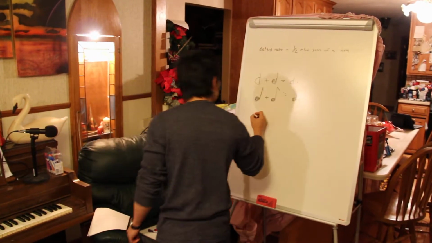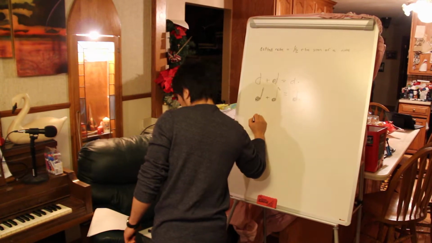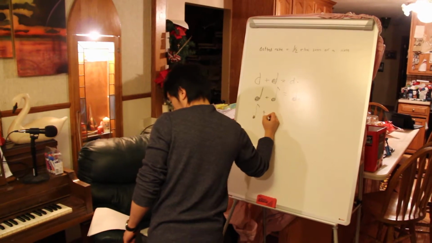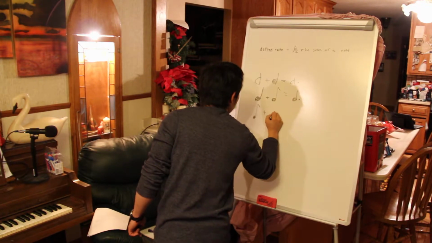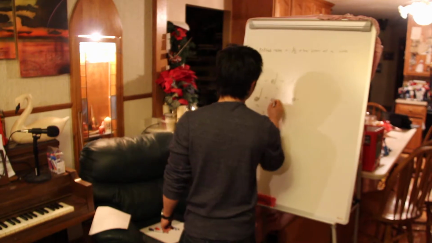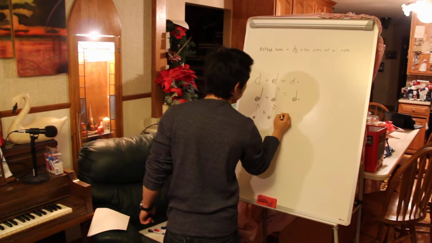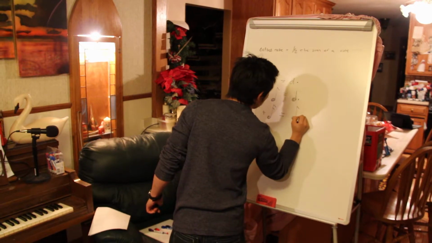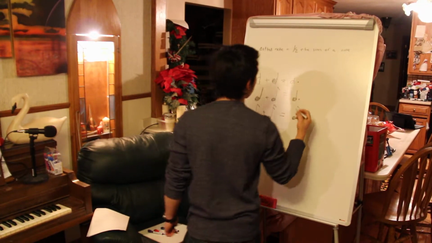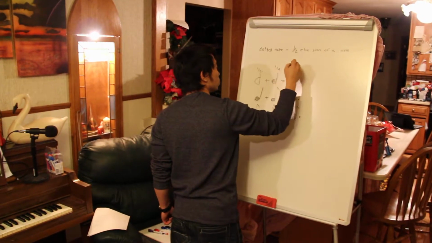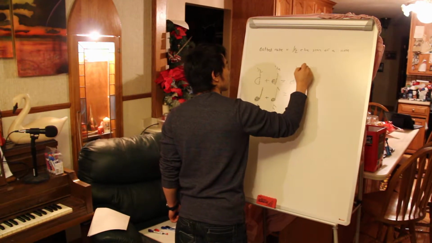And then you've got an eighth note plus a 16th note, which equals a dotted eighth note. So I'll just name these: half note plus quarter note equals half note, dot.